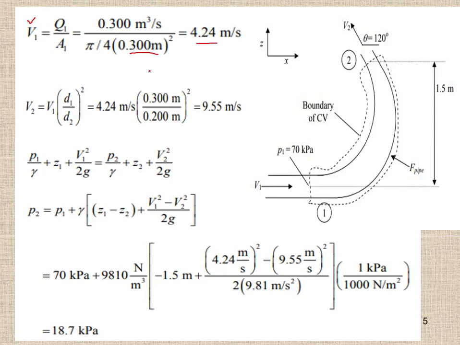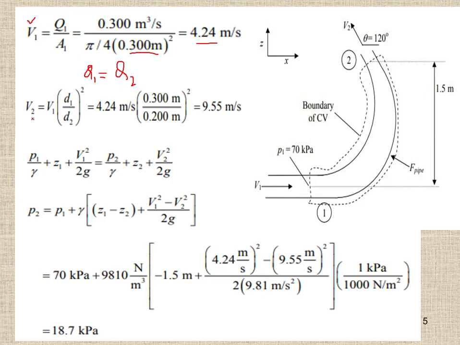After calculating this, by using the continuity equation, Q1 is equal to Q2, because there is one inlet and one outlet, so the flow will remain the same. That means A1 V1 is equal to A2 V2.